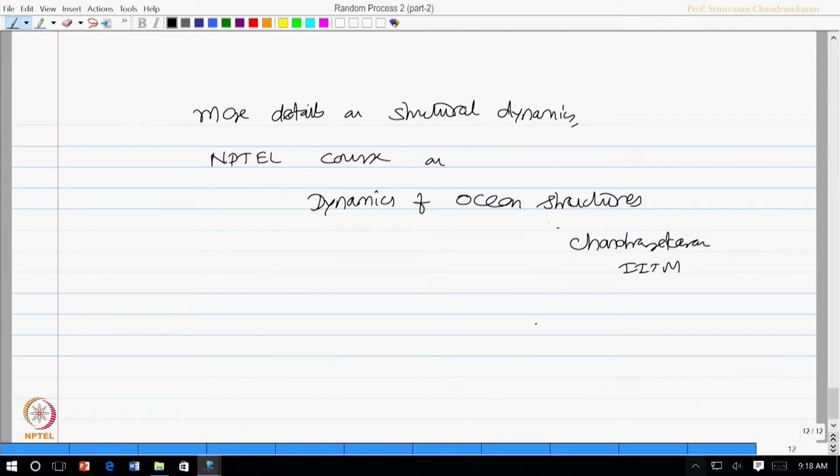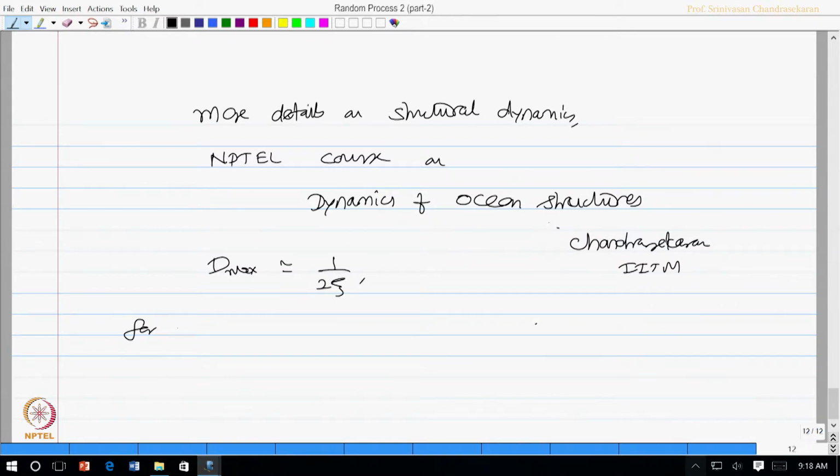Please look at this course in detail if you want to know more about the derivations we did in the last slide. Having understood that, we know that the maximum amplification factor will be governed by 1 by 2 zeta.